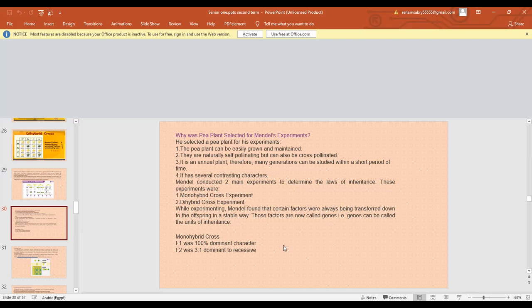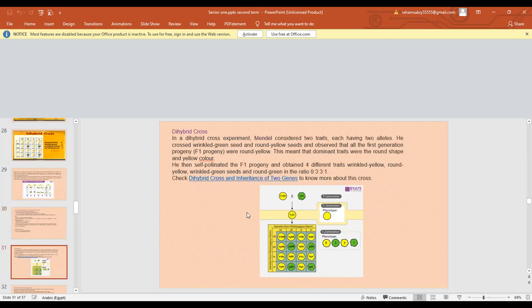Okay. And we knew that Mendel conducted two main experiments, which are the monohybrid cross experiment, which is the transfer of one trait. It was found that 100% dominant character appears in the first generation, while in the second generation, 3 dominant characters to 1 recessive character.